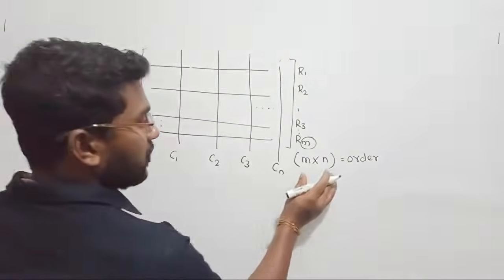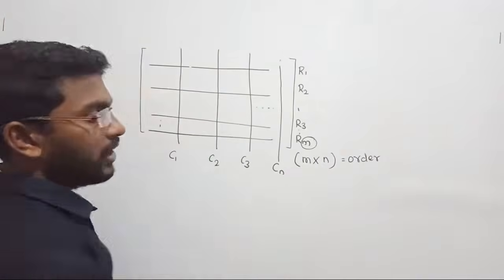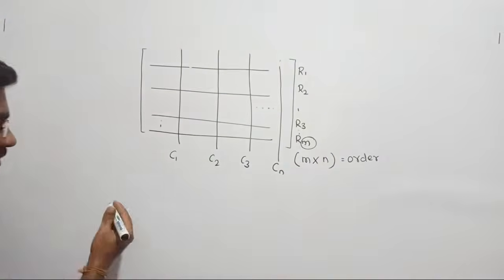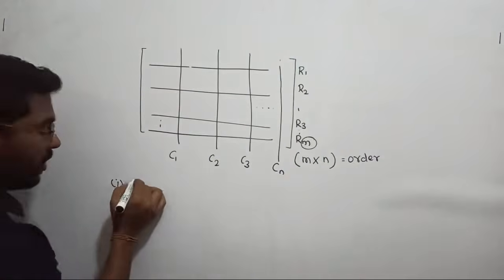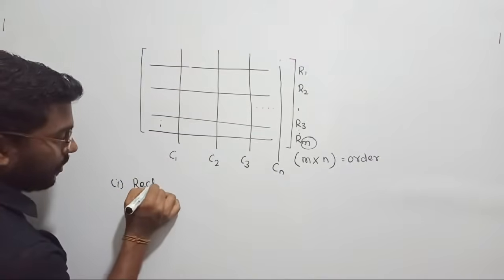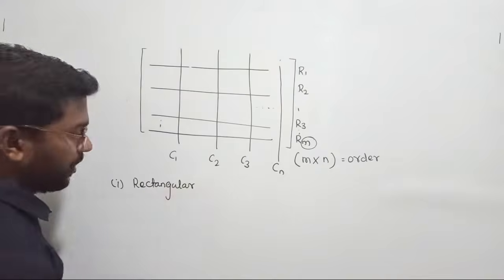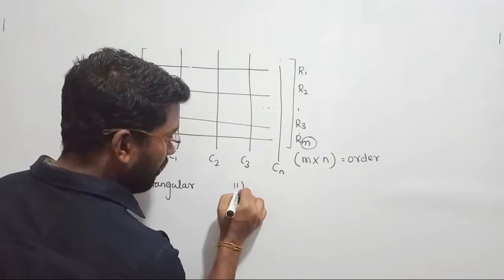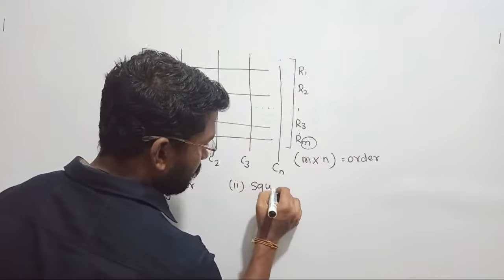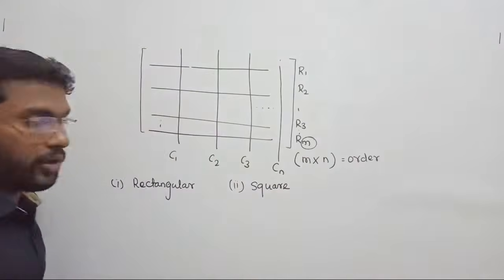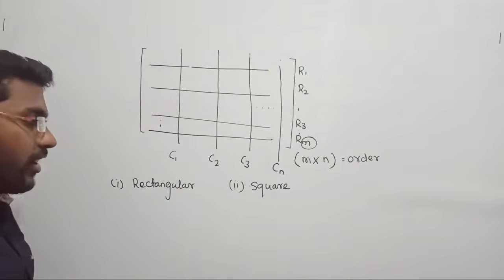Now based on this order, based on the values of m and n, this matrix can be classified into two types. One is called rectangular matrix and the second one is called square matrix, right? Second, we are going to learn about square matrix. Let's see what we mean by rectangular matrix.